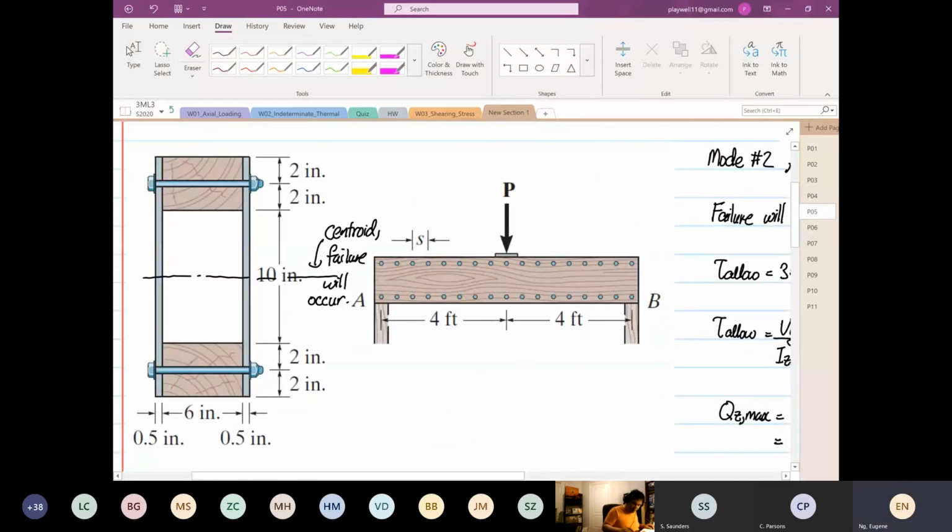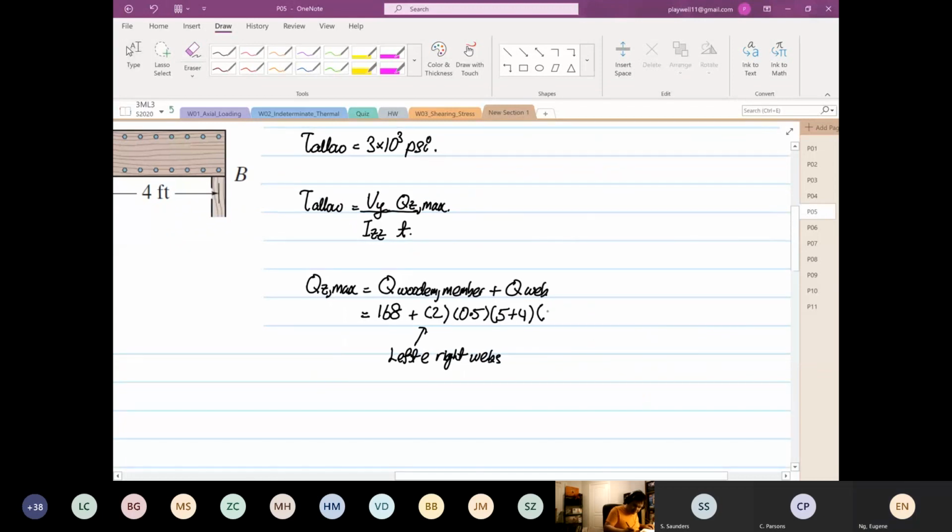So this will be equal to 168 plus 2 times 0.5 times 9 times 9 divided by 2, which is 40.5. So 168 plus 40.5 is equal to 208.5 inch cube.